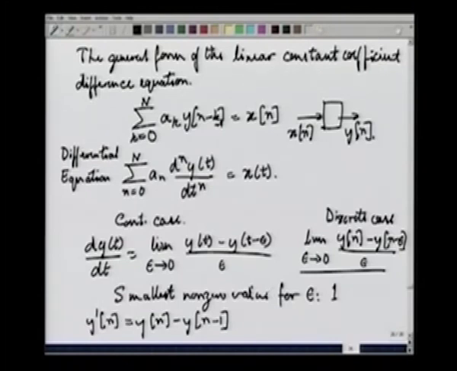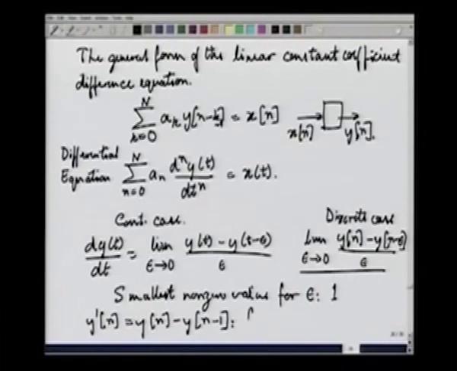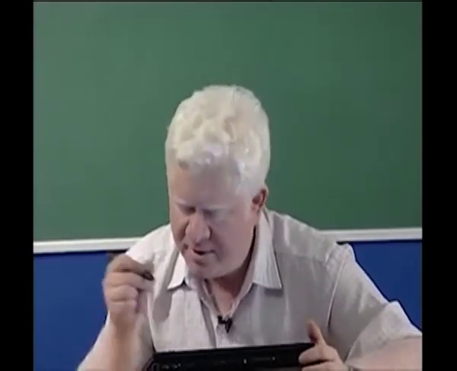In the language of signal processing and system theory, we call this the first difference of y n, corresponding to what we would have called the first derivative of y t. Here we call it the first difference of y n.